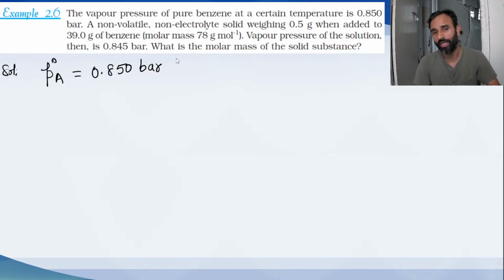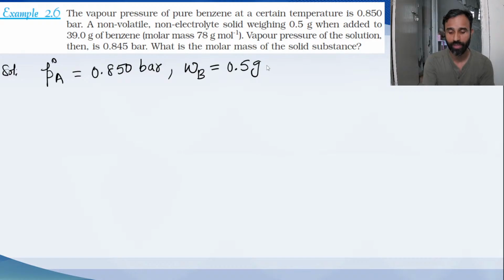Non-volatile, non-electrolyte. That means Van't Hoff factor is not required. For non-electrolytes, i is equal to 1. Now it is weighing 0.5 gram. So it is actually solute. Solute is taken as B. So solute is 0.5 gram, when added to 39.0 gram of benzene, is WA equal to 39.0 gram.